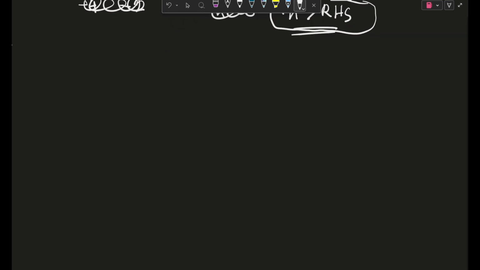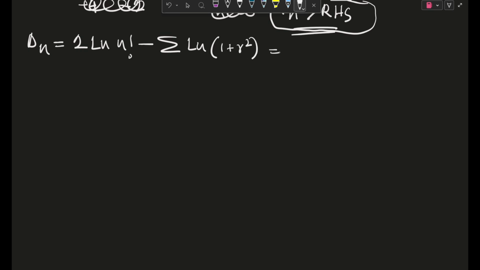Okay, so actually we will use our previous results. For that I'm writing down Dn once more for you. Dn is 2 ln n factorial minus sigma ln of 1 plus r square. From here we can tell one thing, that Dn is equal to 1 by Tn.